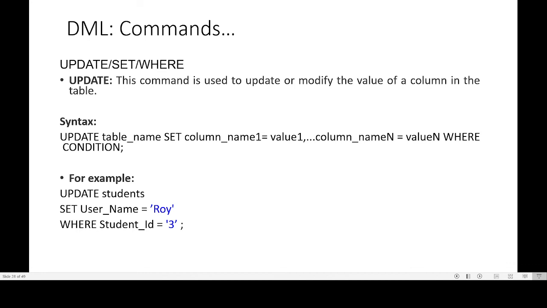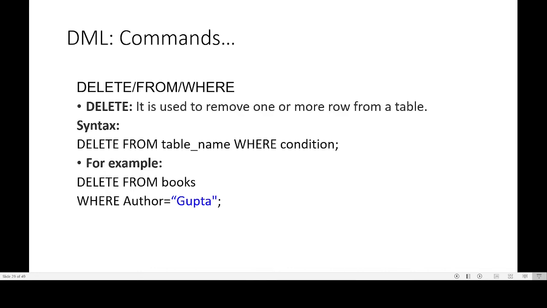So I am doing this update only at the place where this condition is satisfied. What is the condition? The condition we had given is student ID is equal to 3. So it will be checking for the condition, and if the condition is satisfied, that particular row, it will be changing the name as Roy. So this is how the update command works.